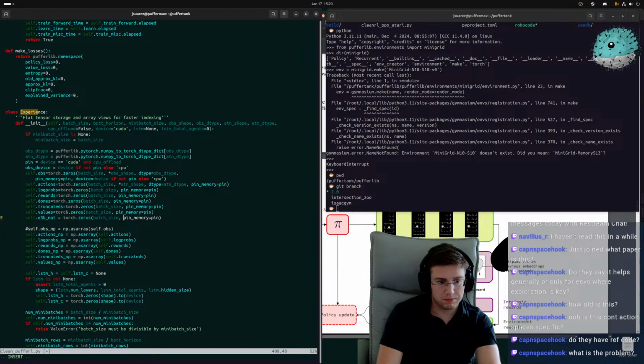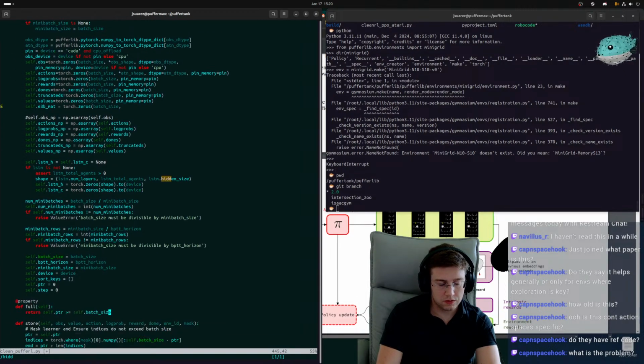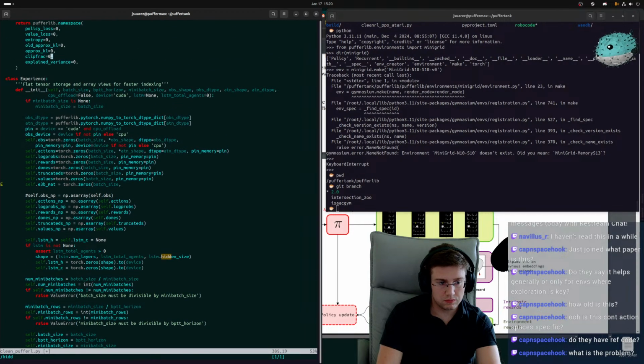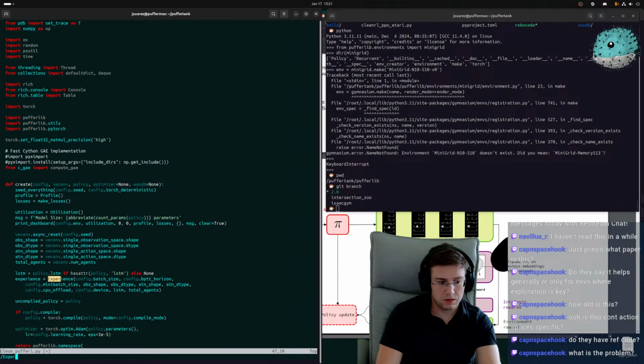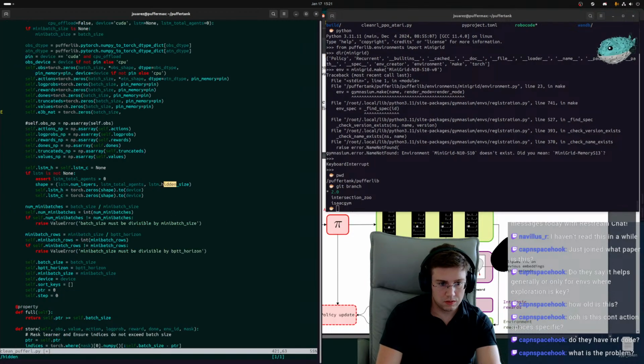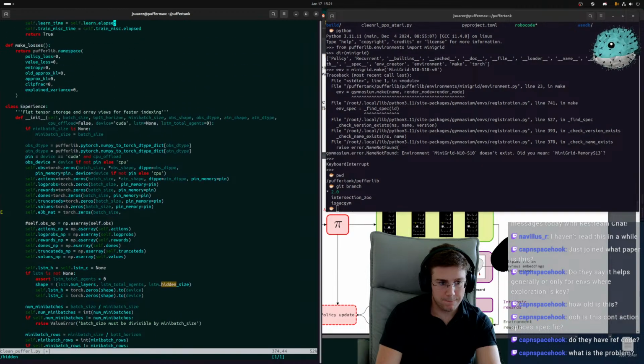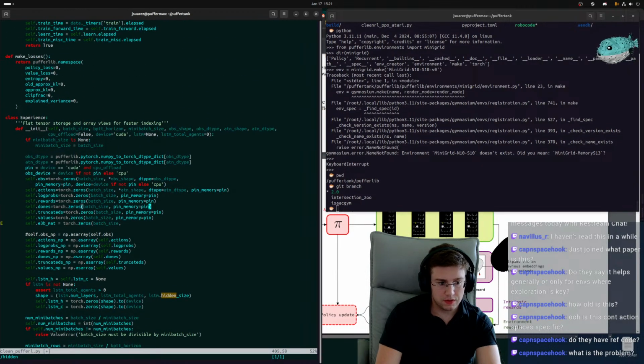Where's hidden dim? LSTM.hidden size. Is there no, there's no hidden dim? That seems weird to me.